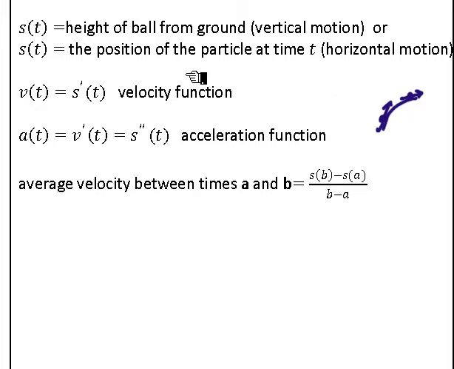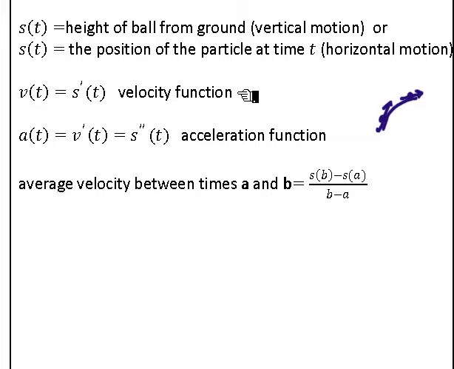So how quickly distance is changing is represented by the derivative of the distance function, and that is called the velocity function. Now, velocity sometimes changes. Let's suppose you're driving a car and you speed up, then you're changing your velocity. What is it called when you speed up?